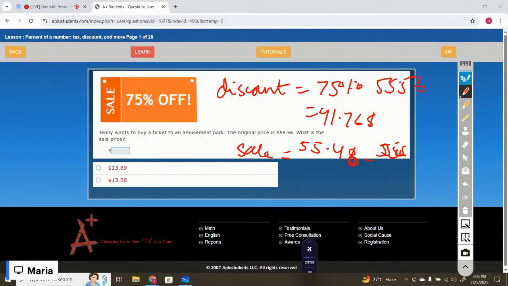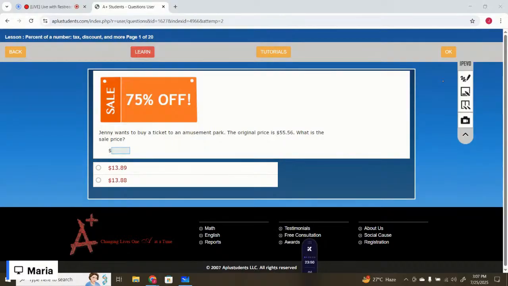So just subtract. That is 55.46 minus 41.76. That is 13.7. 13.69 is the correct option.